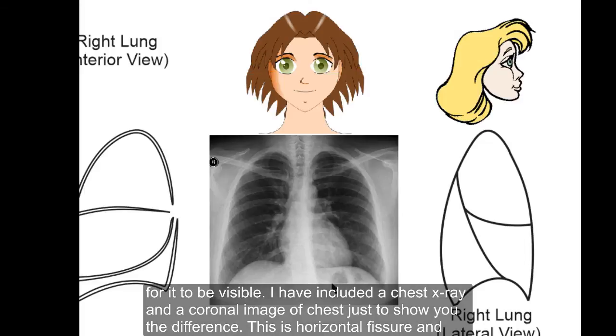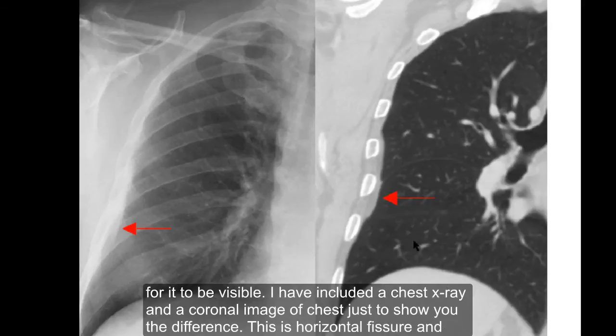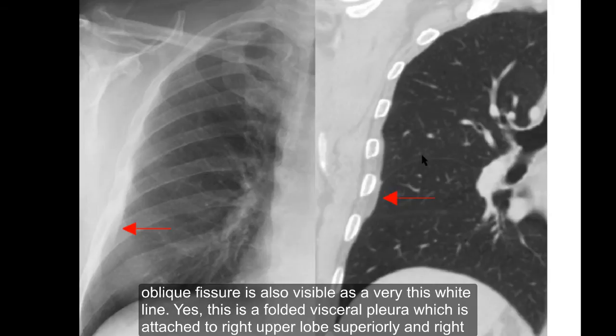Because this is at an angle, and this is comparatively straight, you can see a straight line, and this is at an angle, so that's why this oblique fissure is blurred. This is much sharper in shape. So this is the right horizontal fissure, and this is the right oblique fissure.